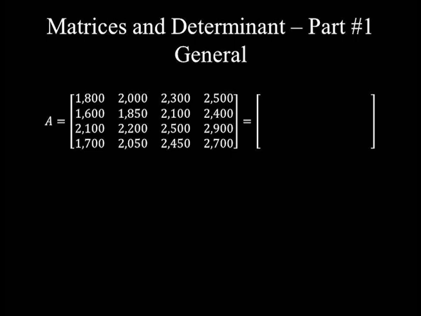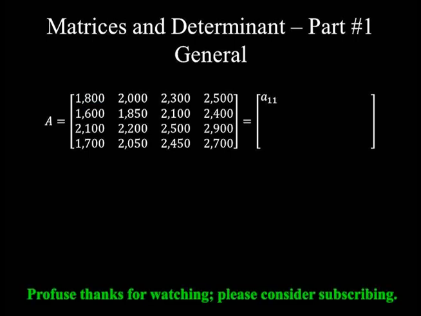The first element, that's 1800, is at row 1 and column 1 position. So it can be denoted as a small letter a sub 11. The first subscript stands for the row, and the second subscript stands for the column where 1800 is located. If we move to the right, we will find 2000, which is located at row 1 and column 2 position.